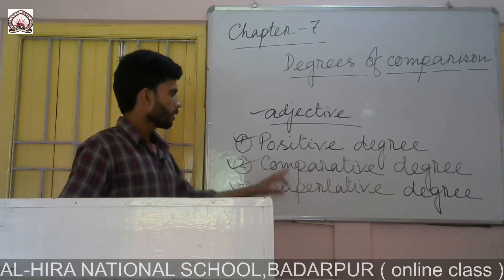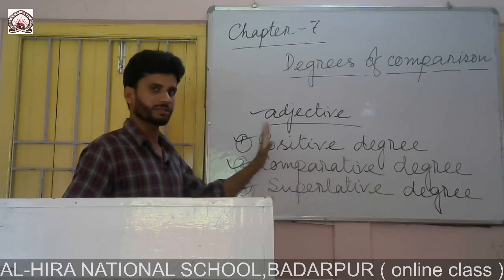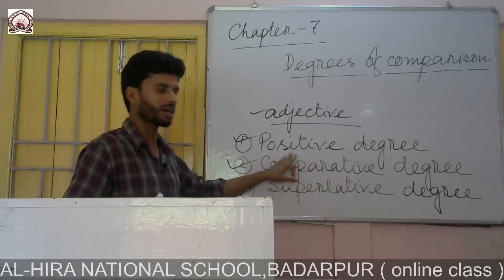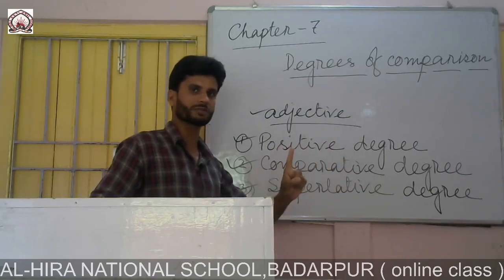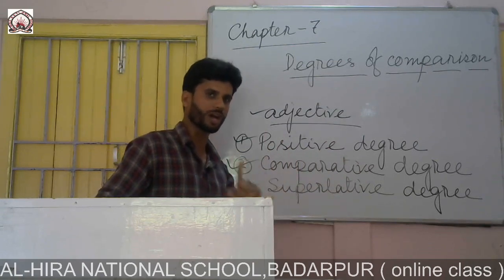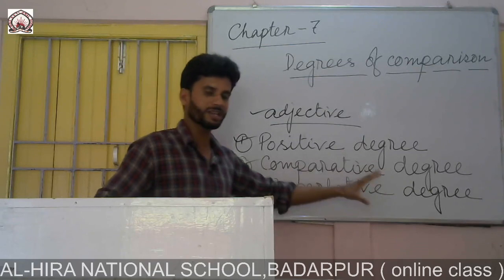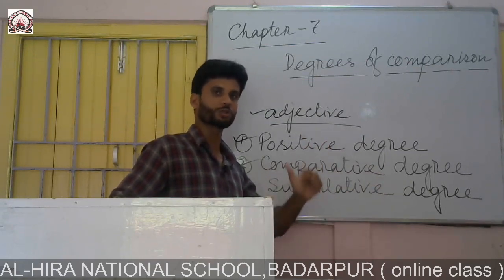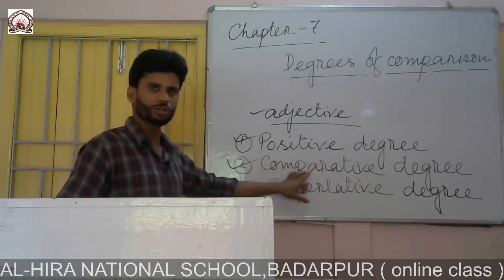So I am repeating once again before going to examples, because I shall write sentences here to make it clear for you. Positive degree is used to describe one person or one thing or one item or one group. Comparative degree describes 2 persons or 2 items or 2 groups, means it is about 2.